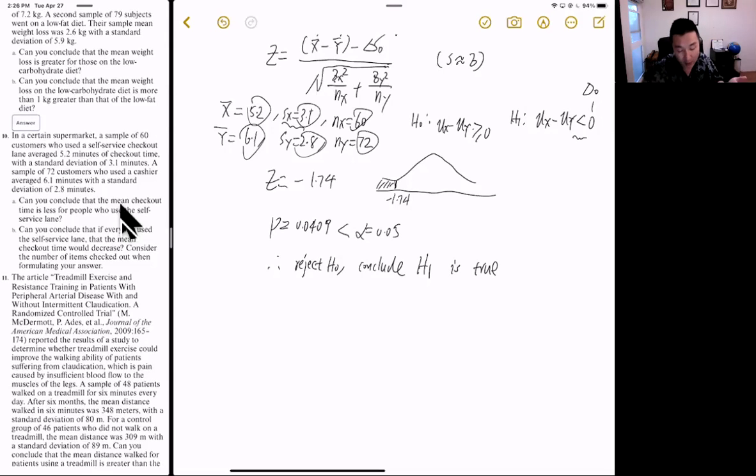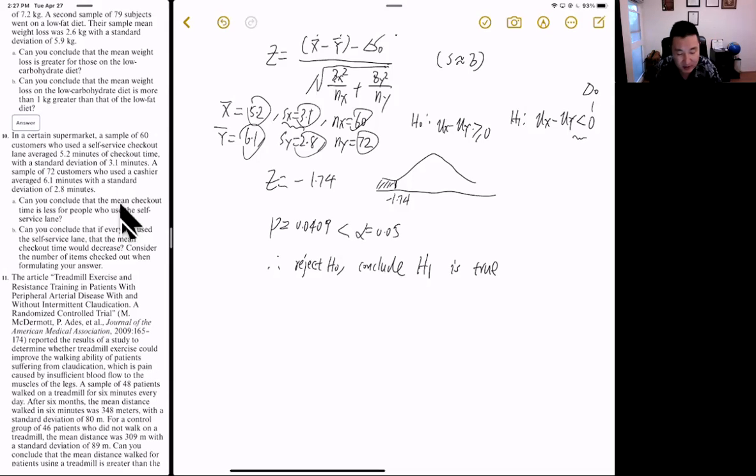But can we conclude that if everyone uses the self-service lane, the mean checkout time will decrease? Actually, we should think about all the possible reasons people use either the cashier or the self-checkout lane.